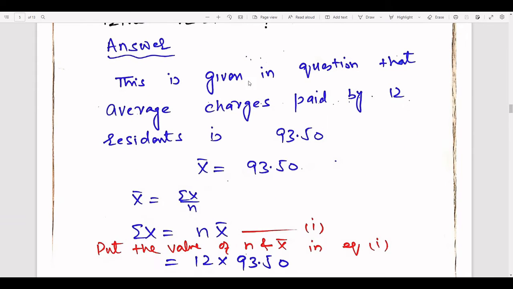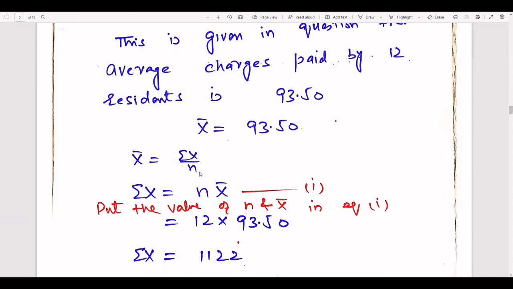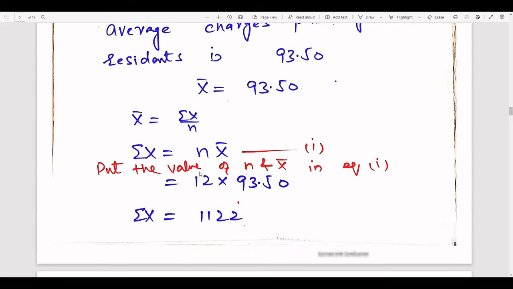So it is given in the question that the average charges paid by 12 residents is 93.50. So x bar is 93.50. X bar is equal to sum of x over n. Sum of x is equal to n x bar. So put the values of n and x bar in equation 1.